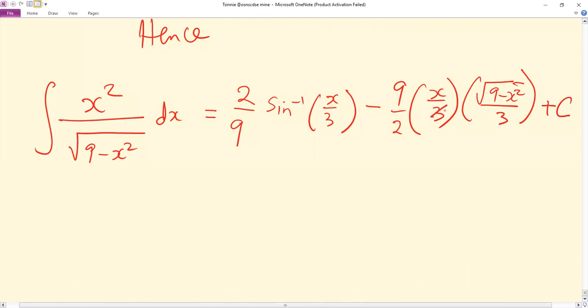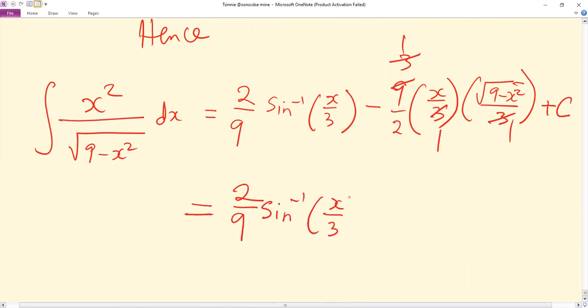So you should see that the 3s cancel. So this will be 9 over 2 sine inverse of x over 3 minus x over 2 times the square root of 9 minus x squared, and then plus c.